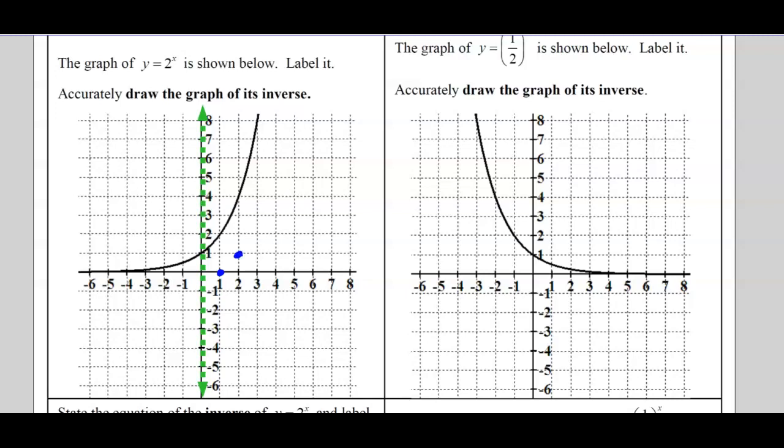Then the point (2, 4) becomes (4, 2). Then for x equals -1, that would be a half. So (-1, 1/2) becomes (1/2, -1). And that's a decent number of points to be able to graph.